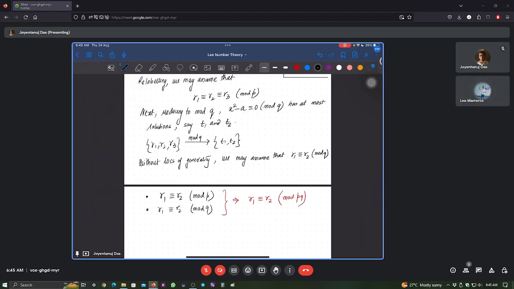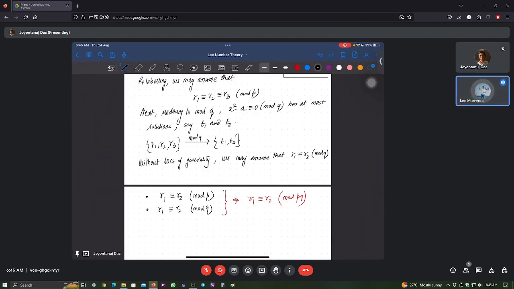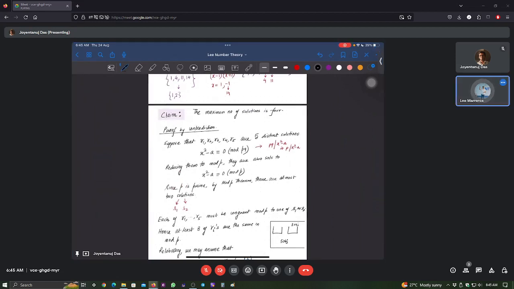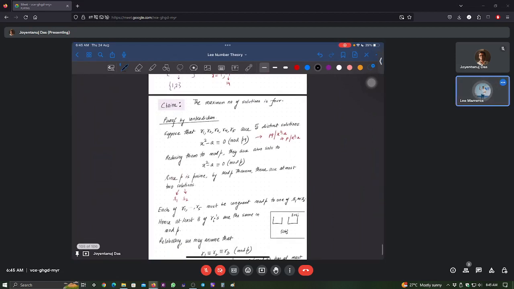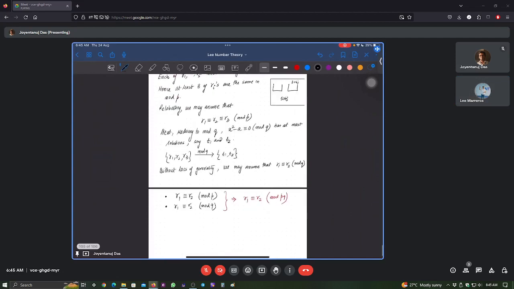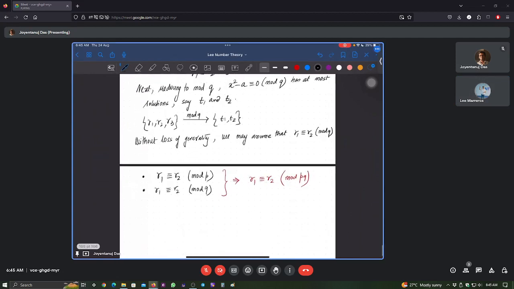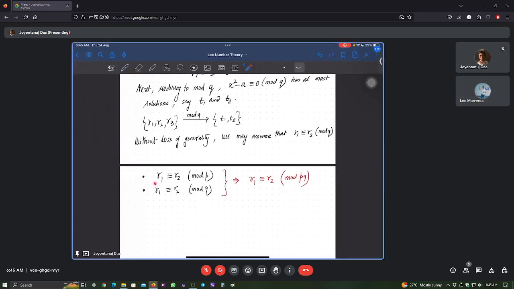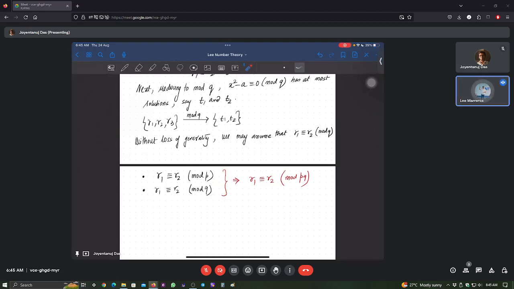PQ is not prime. Individually, P and Q are prime. But I am asking: if this congruence and this congruence hold, can I imply from these two together that this one is true? I wouldn't say so.